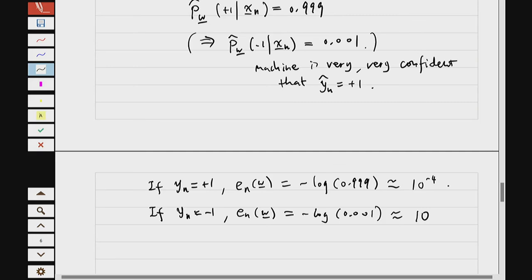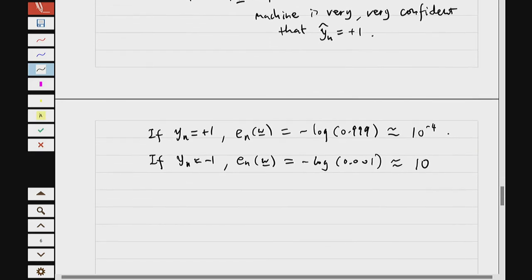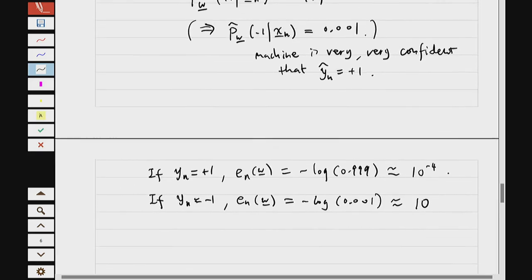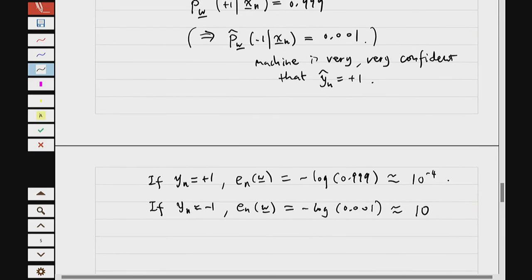So roughly, it's a big number. So you see that when you make a mistake, when your output W is bad for this data point, your loss value is very big compared with the case when you are correct.